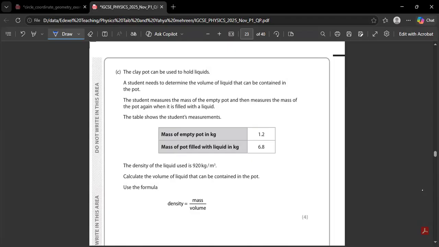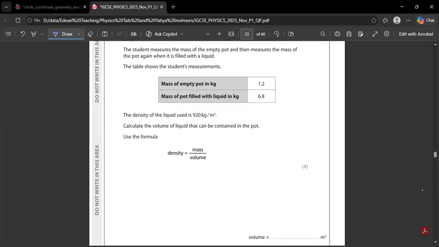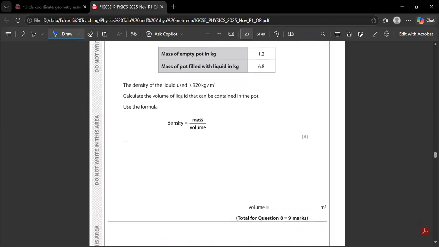The table shows the student's measurements. Mass of empty pot in kilogram is 1.2. Mass of the pot filled with liquid in kilogram is 6.8. The density of the liquid used inside the pot is given. Calculate the volume of the liquid that can be contained in the pot. This question is of 4 marks.